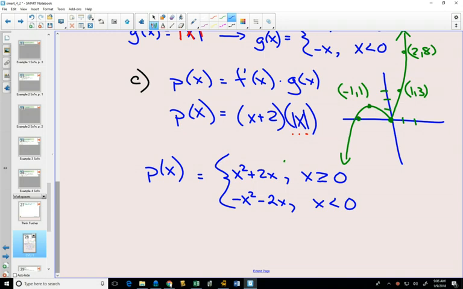Okay? I'm going to draw that parabola with a dotted line over top of our graph. This is what it would look like. I'm going to draw this parabola with a dotted line over our graph.